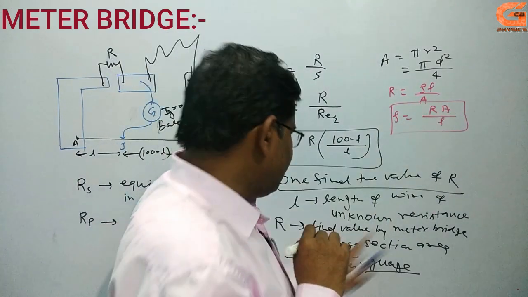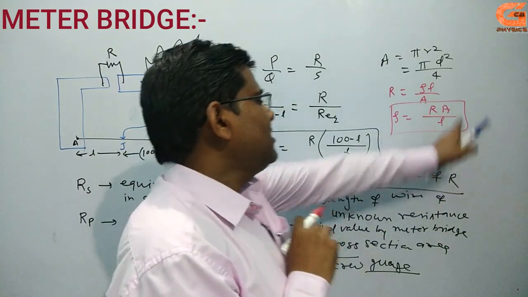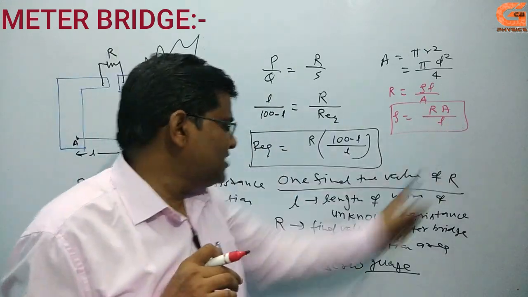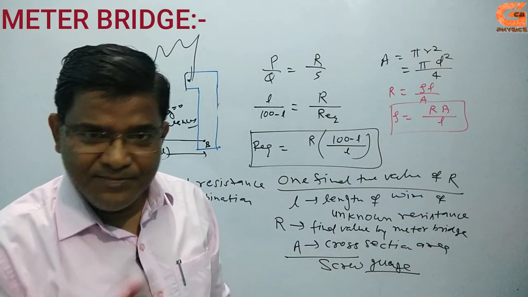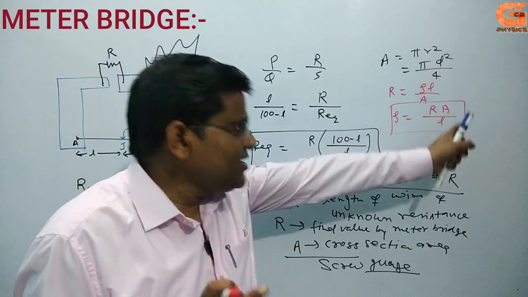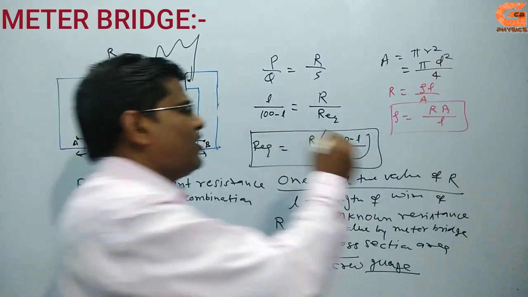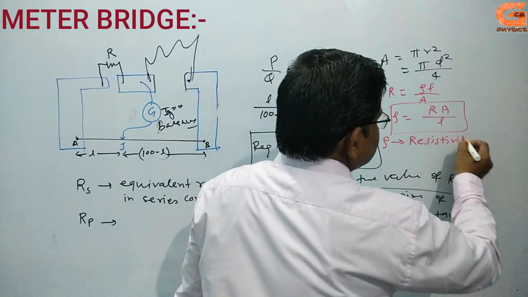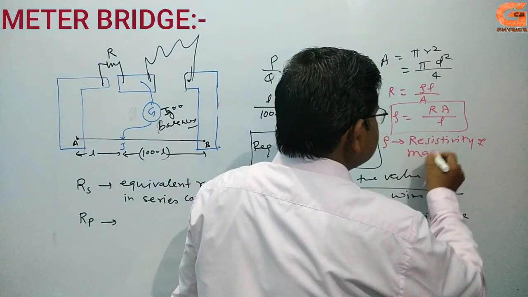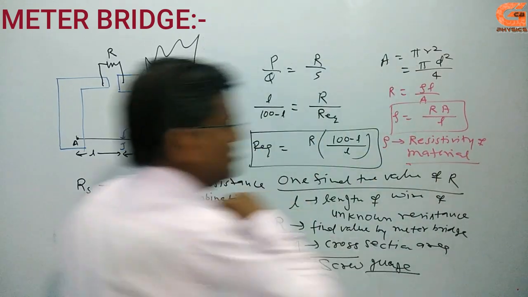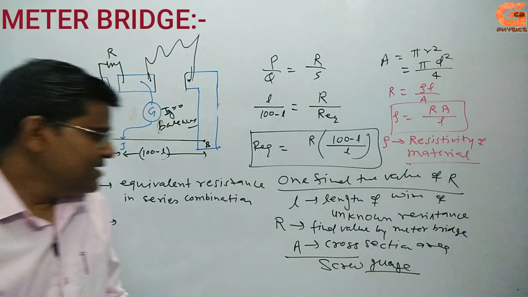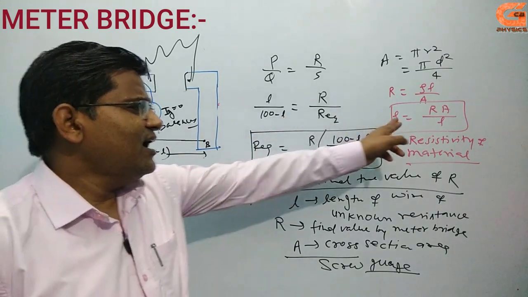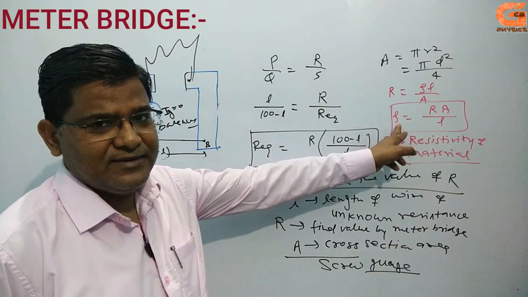R is measured with the help of a meter bridge, A with a screw gauge, and L with a scale. Simple way. R is known, A is known, L is known, then you find the value of resistivity of the material. So with the help of a meter bridge you can find series, parallel, R equivalent and the resistivity of the material.